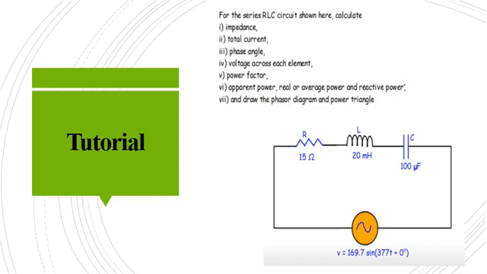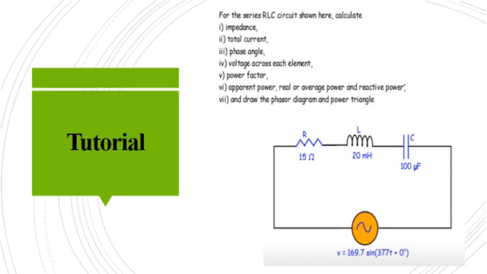Then another parameter is power factor. Power factor can be calculated either by using the equation cos phi is equal to R by Z, or by using the equation cos phi is equal to VR by V. Then apparent power, real power and reactive power. Apparent power will be Vrms into Irms.